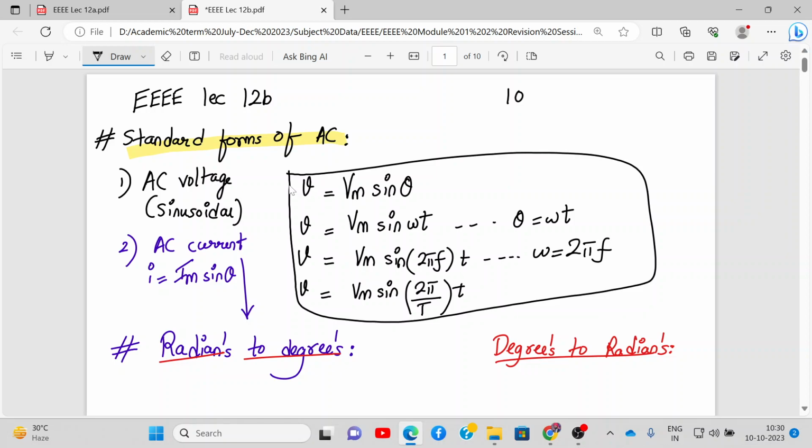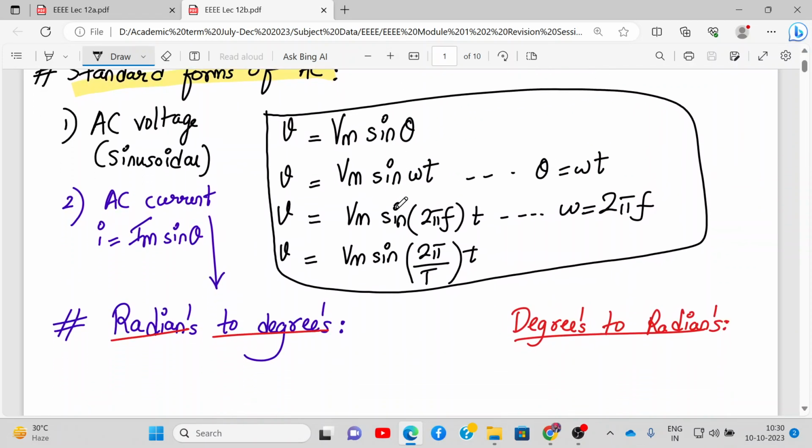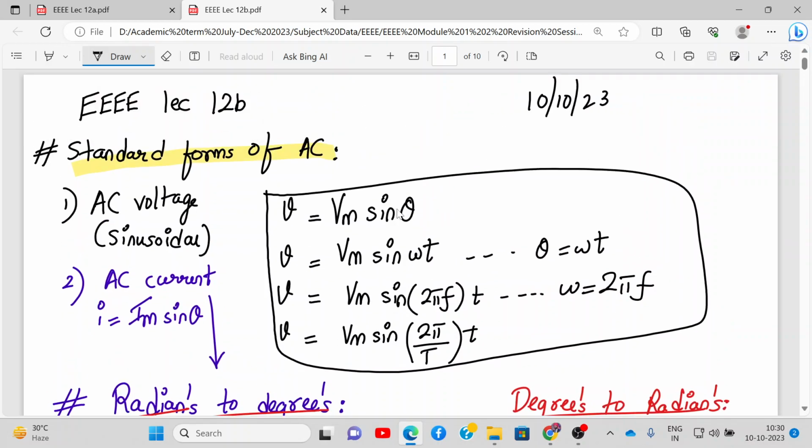And let me write the date. All right. So we have just revised the standard forms of alternating quantities, and how the waveform looks like. The waveform looks like a sinusoidal voltage like this.